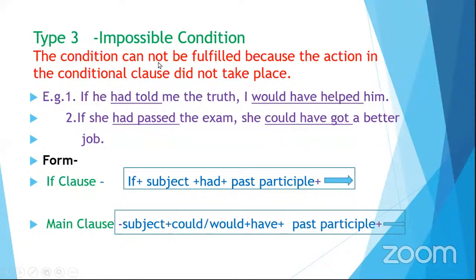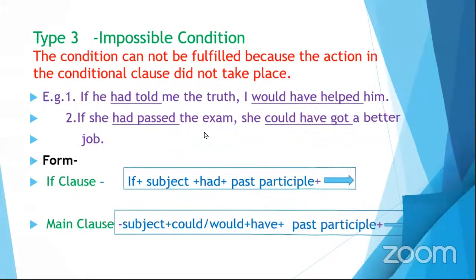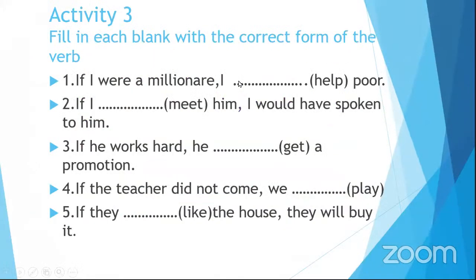Now look once again at type 3, the form, the if clause, the components and the main clause. Okay, this is the last activity, Activity 3. This is a mixture of all the three conditional clauses I have taught you. You should be very careful, since you have to understand whether it is type 1, type 2 or type 3.